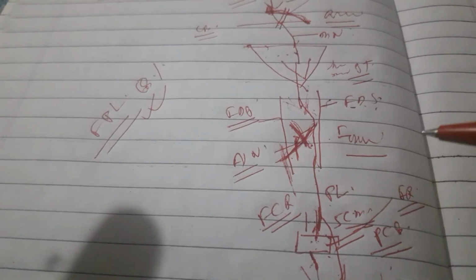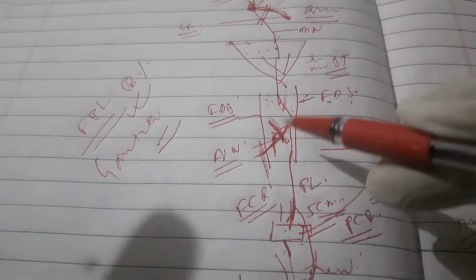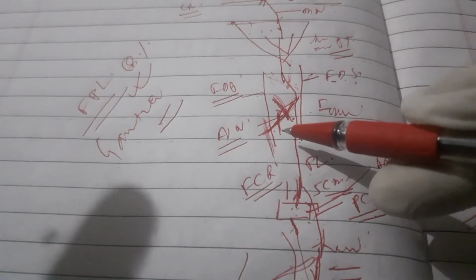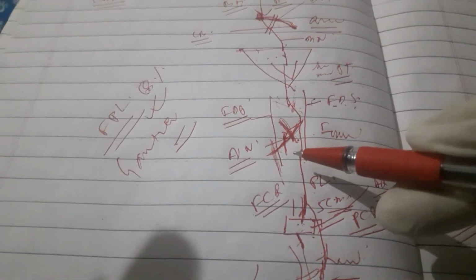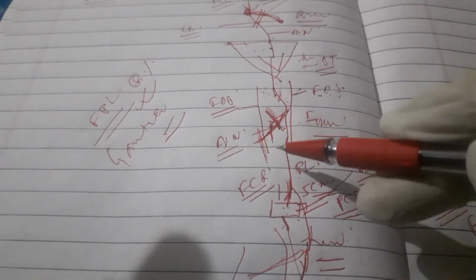So this is a common variation. The Gantzer muscle compresses the anterior interosseous nerve, which affects the flexor pollicis longus, pronator quadratus, and the lateral half of the flexor digitorum profundus. So there will be no OK sign. There will be hand of benediction.